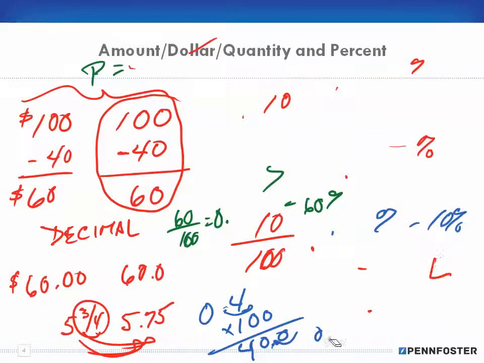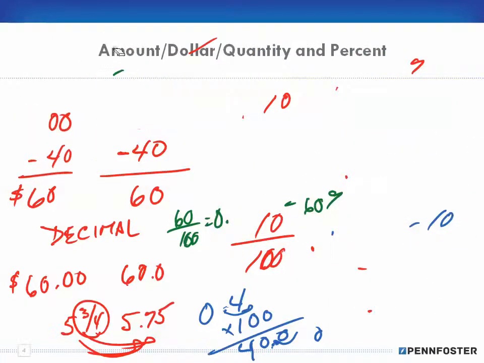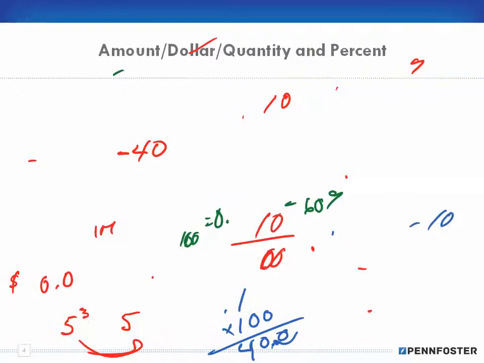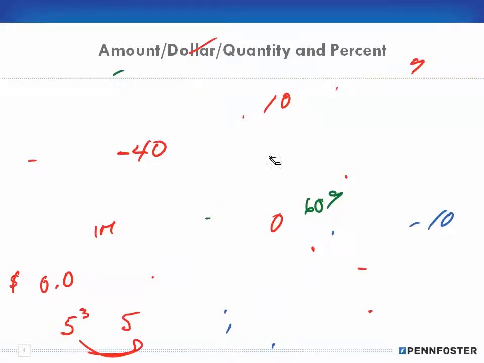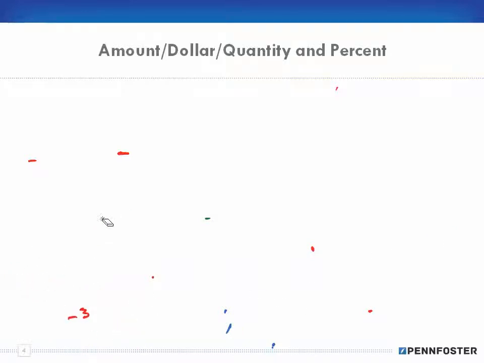Let me erase some of this here, and now I'm at 15 or 16 minutes, and I don't want to take too much more time on this video. There we go. So for me, again, there's this relationship between a whole number and a percent.